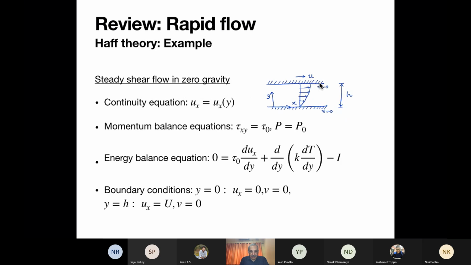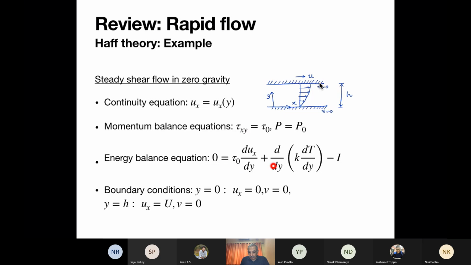The second example we started looking at was steady shear flow under zero gravity. The top wall is moving with a velocity u. Plates are separated by a distance h, and the fluctuation velocity v, or the temperature you can say, is 0 on both the walls. If we solve the momentum balance equations, we get that the shear stress is a constant and the pressure is a constant.